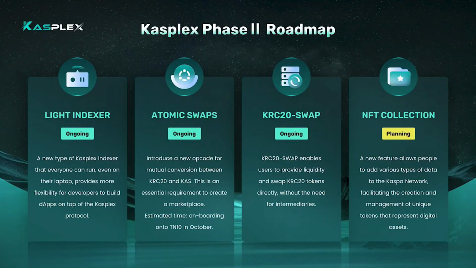So while we're still on the subject of Kasplex, they're now working on Phase 2. They've launched their roadmap for Phase 2, which is a light indexer, atomic swaps, KRC20 swap, and NFT collection. All of that's incredible anyway, but certainly the NFT collection, because of the blockchain banter spaces we run, I know for a fact that Solana people and Ethereum people are looking at KRC20 now.